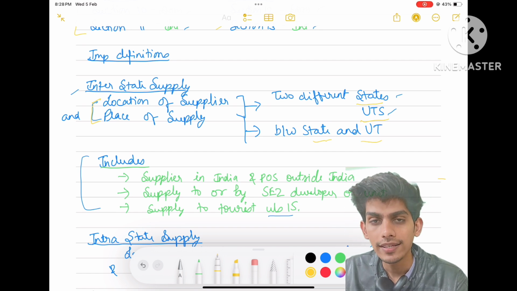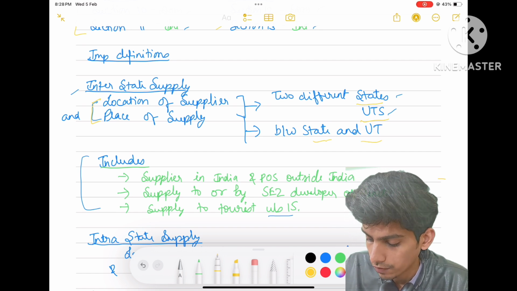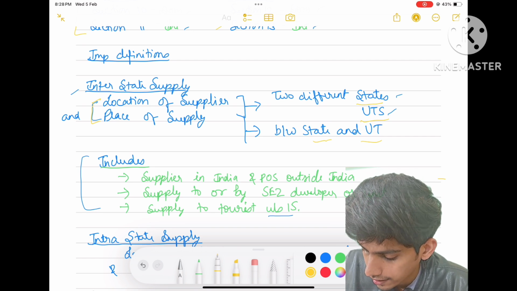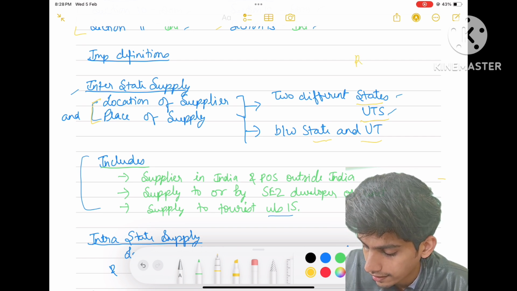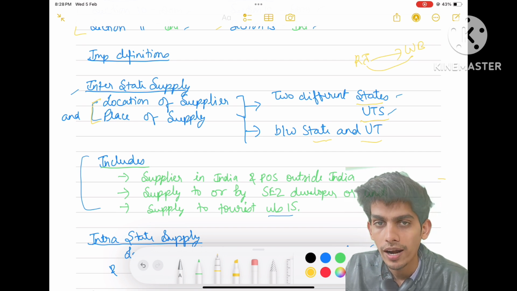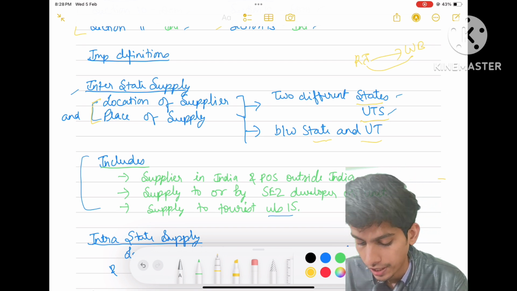What it means is, if the supplier is in Rajasthan and place of supply is in West Bengal, it is a transaction between two states, so it will be called interstate supply.